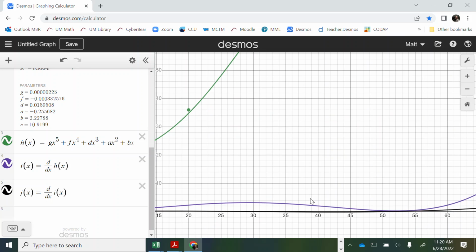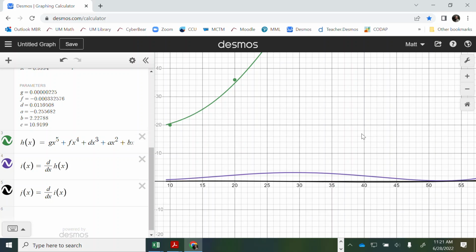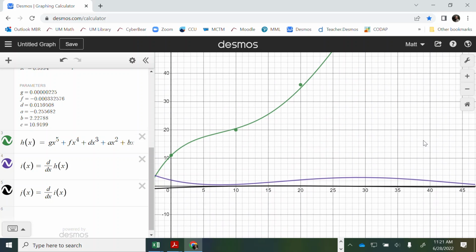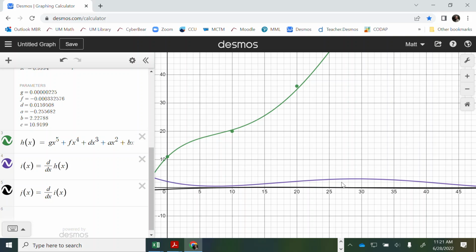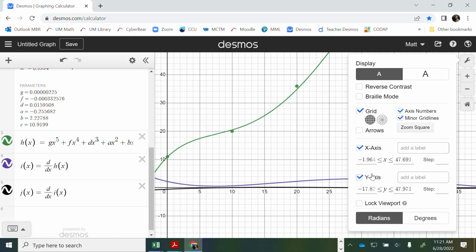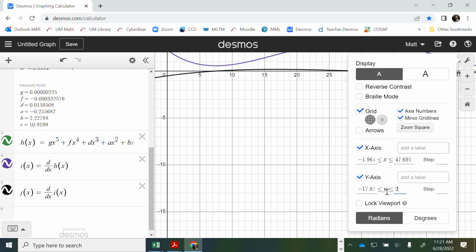The second derivative, I think, is fun to think about too. It's going to be harder to see in this scale because we're so compressed. So what I'd probably do is increase or decrease my y-axis to get a good look at it. So I'd probably just go to 2 from 0.